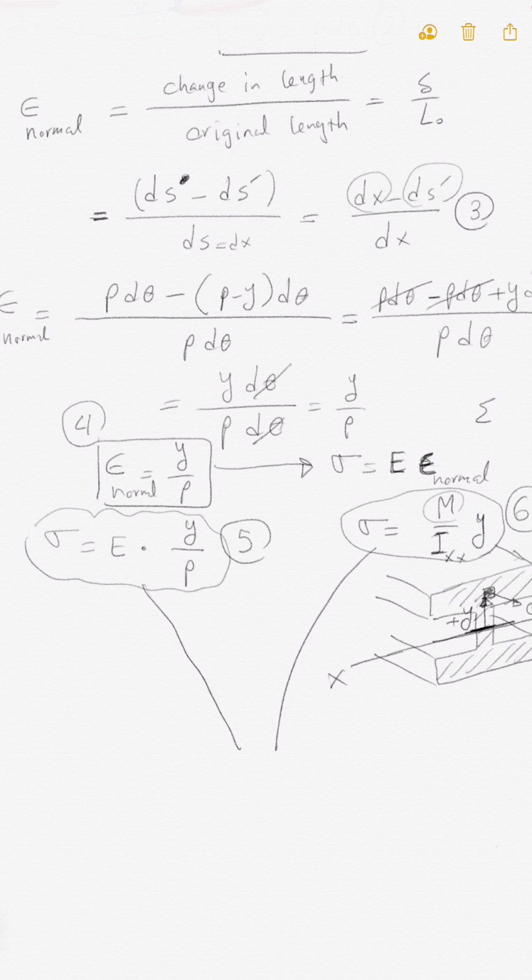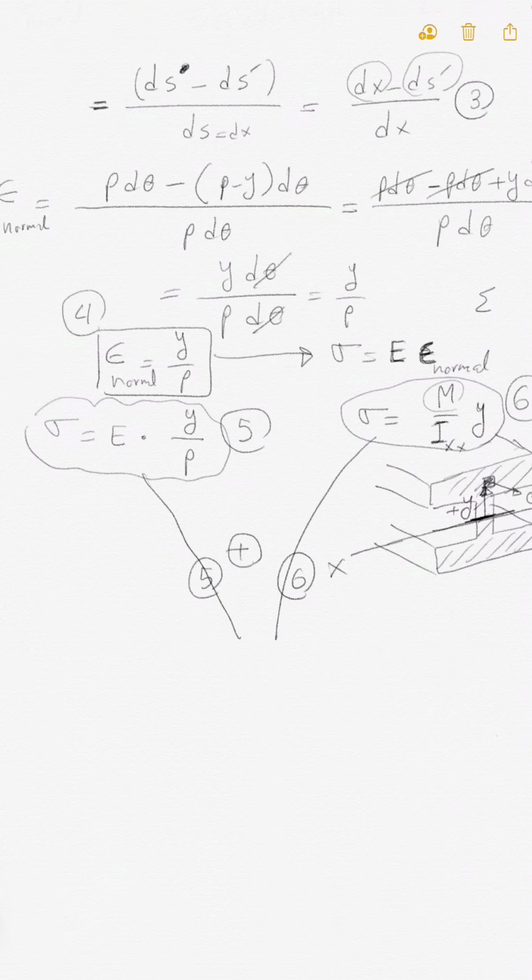So by combining equation 5 and 6, you can simply realize that, because sigma is equal to Ey over rho from equation 5, and from equation 6 sigma is equal to M over Ixx times y, then they should be equal, because the left hand side is the same. So the right hand side also should be the same.